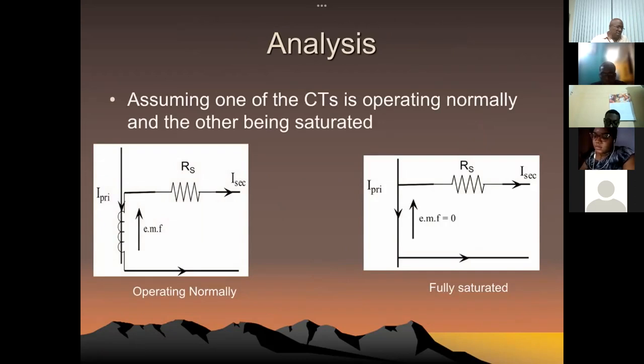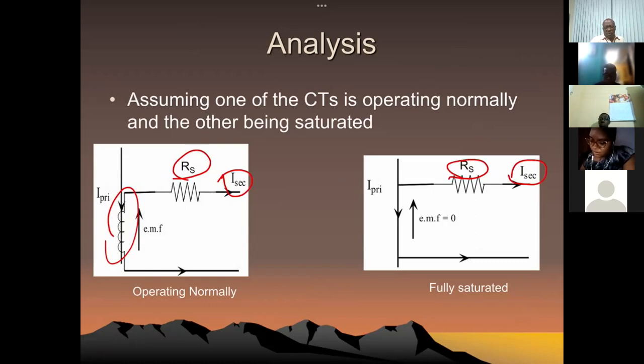The current increases and drives the CT into saturation. Then the voltage across the magnetizing winding is 0. And so we still have our RS. And this is just the secondary side of the CT. This would be your magnetizing winding. So we still have our RS, and of course, the question is this IS, this I secondary, that is going to the relay.